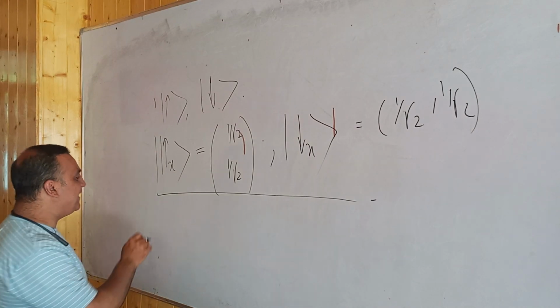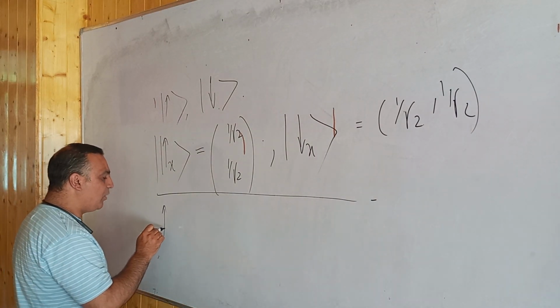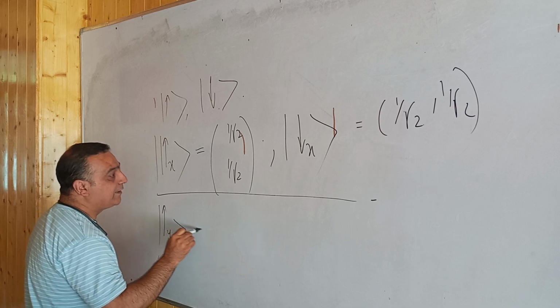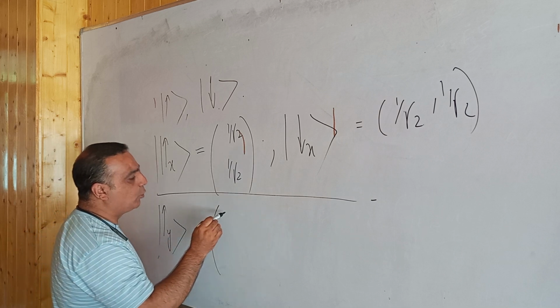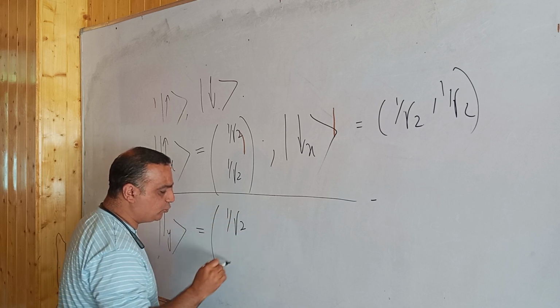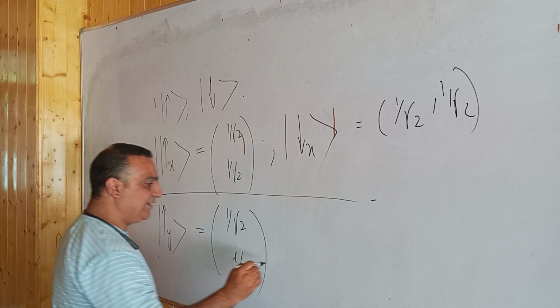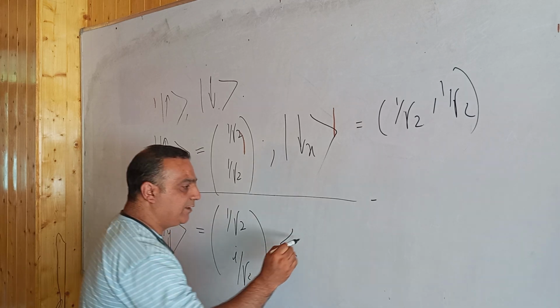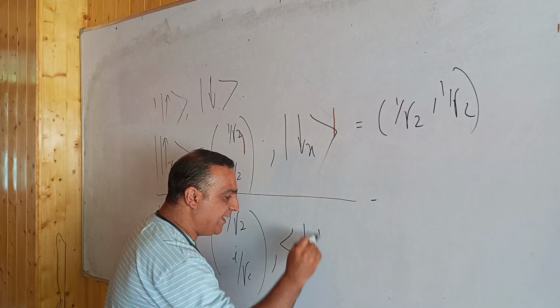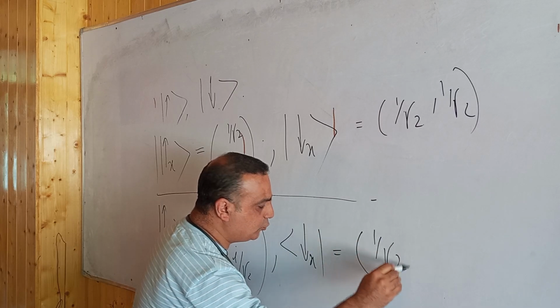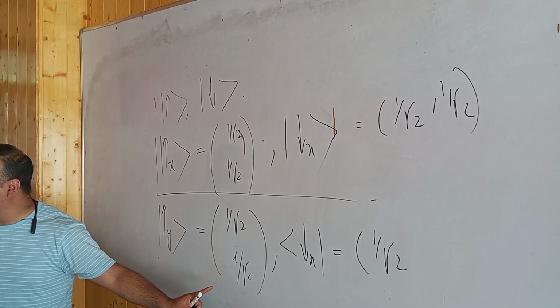Now the next thing is, let's choose our spin along y. Now this has to be chosen as 1 by root 2, I by root 2, and its bra is a row matrix of 1 by root 2. Now here you can see a complex thing.